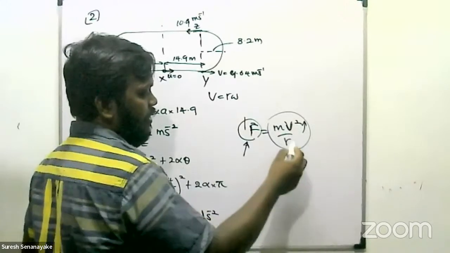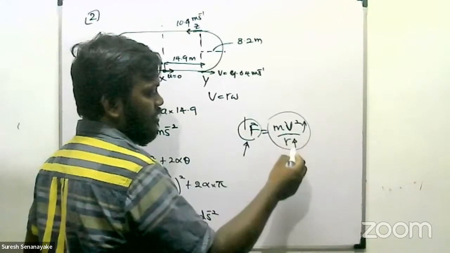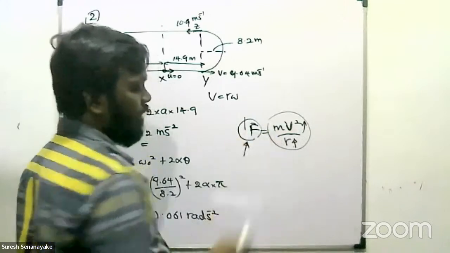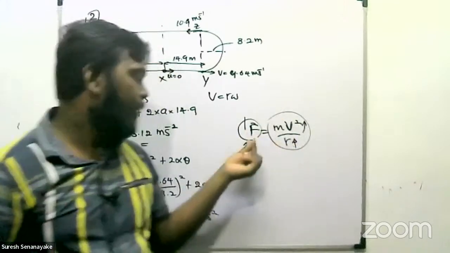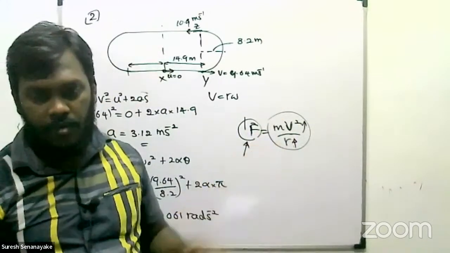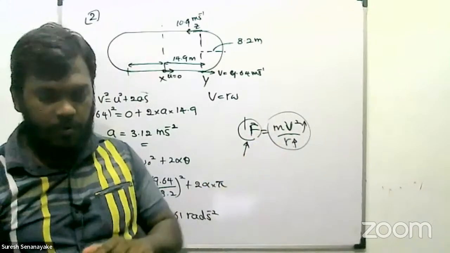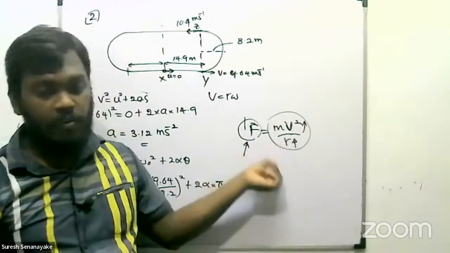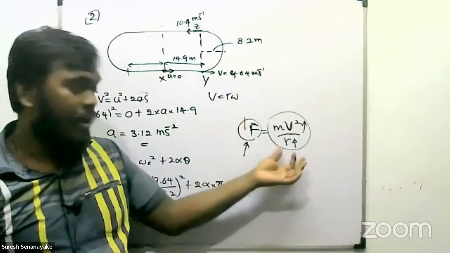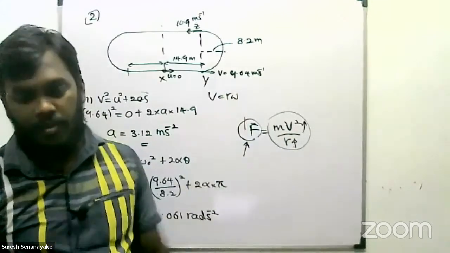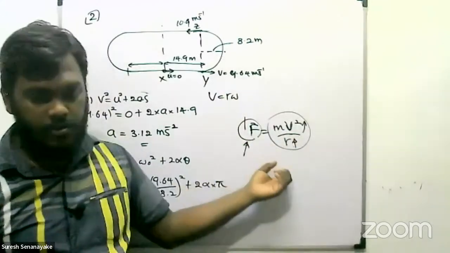So what happens there? The radius should be increased to reduce this value, to keep it equal to the F. So what do they do then? They need to move in the larger circle, because if the circle is larger, then this term will be reduced, right?